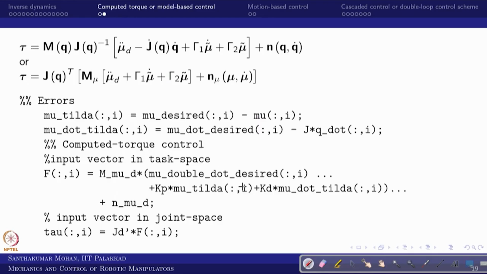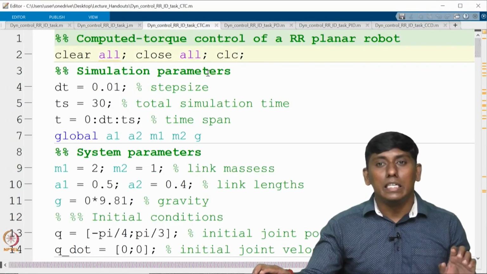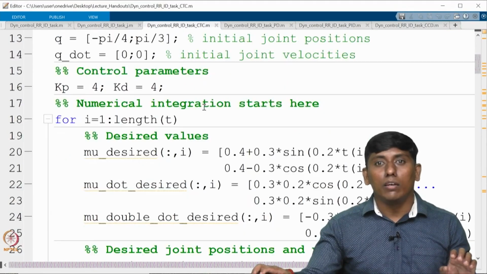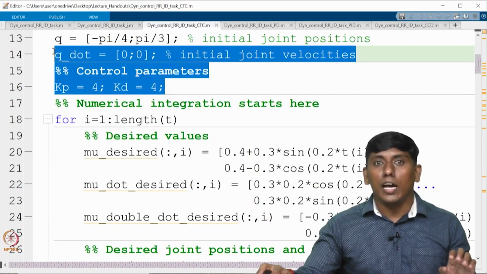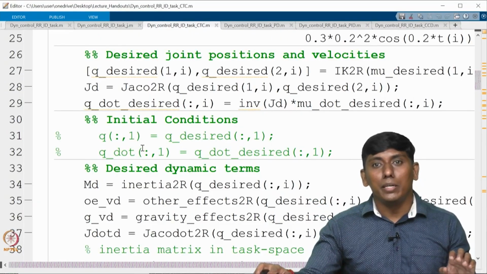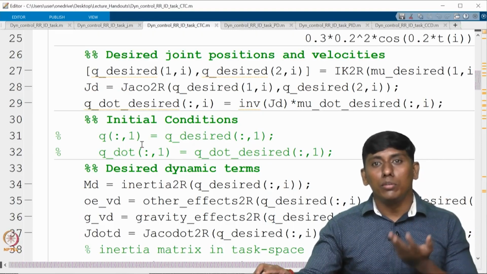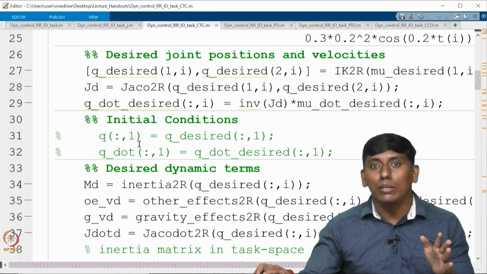Now we can go to the Matlab code. This is what we have written as CTC. Now you can see what we have added. This is added, right, and now you can see this we have commented, so we are not equating that. So now q at t equal to 0 and q desired at t equal to 0 are not equal.